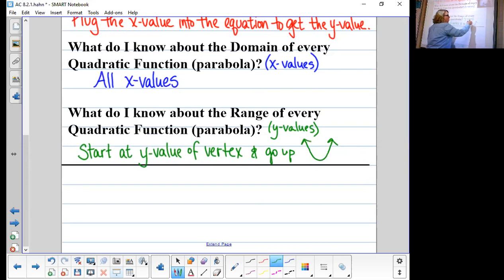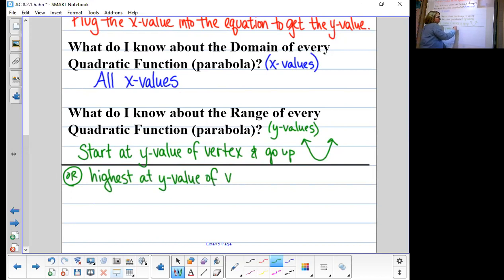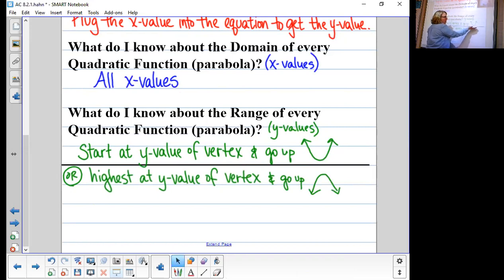Or if your parabola is upside down, it's going to have its highest point at the y value and go down. So for instance, with the water balloon toss one, your y values were always anything all the way up to the y value of the vertex.